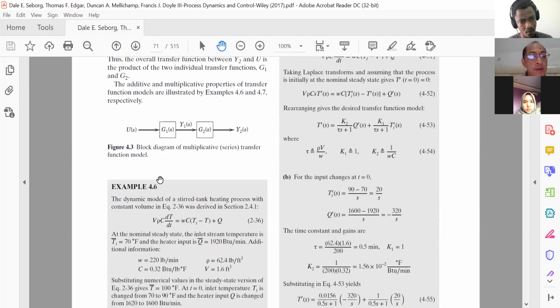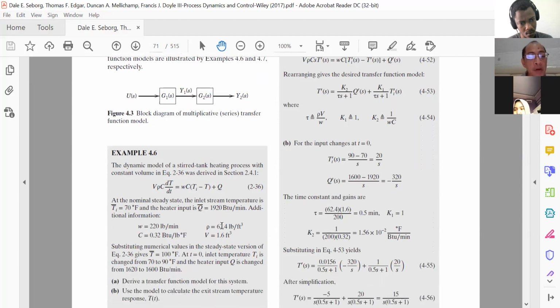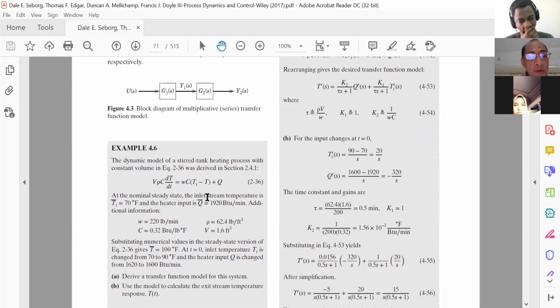Now, example 4.6. The dynamic model of the stirred tank heating process with constant volume in equation 2.36 is something like this. We put in the values of W, C, rho, V, and try to find T bar.